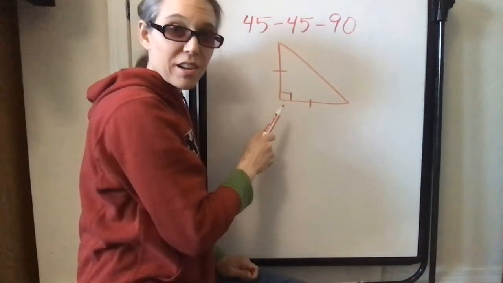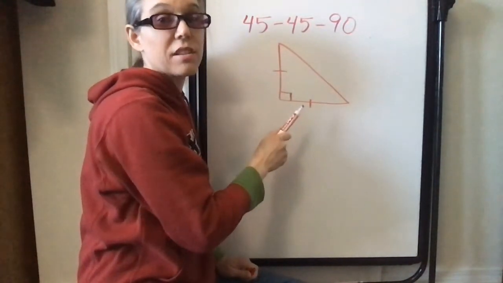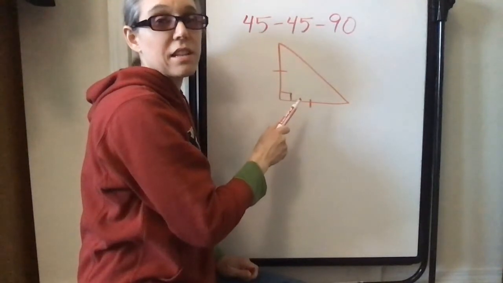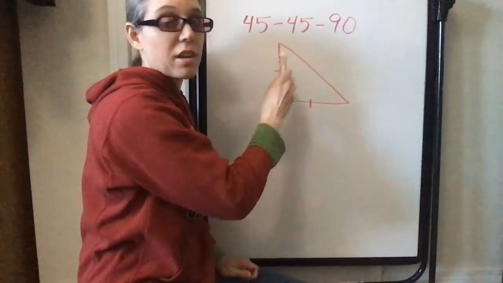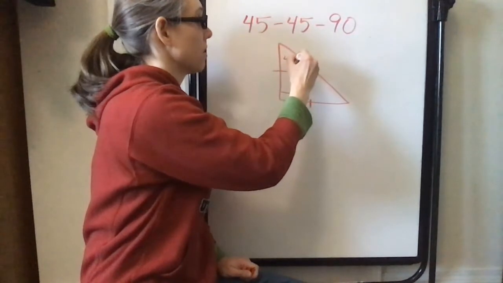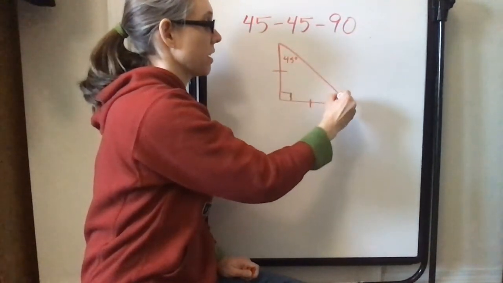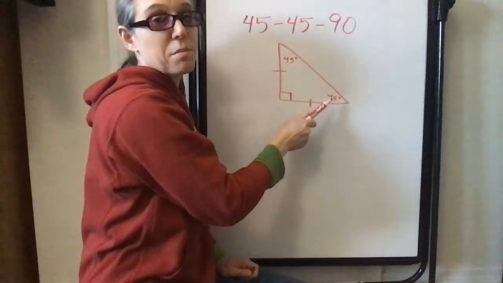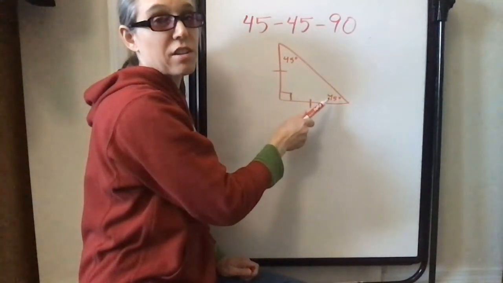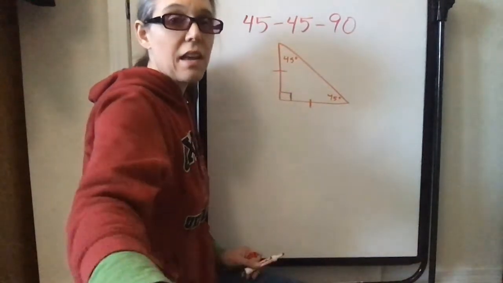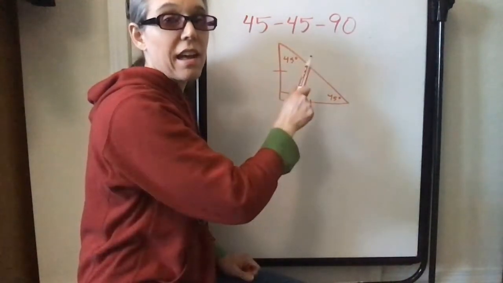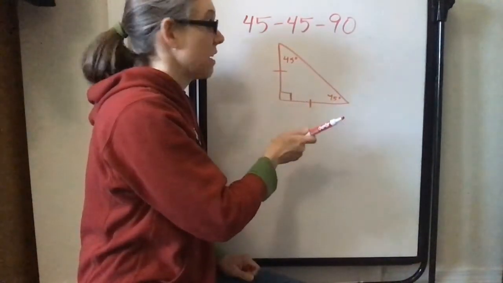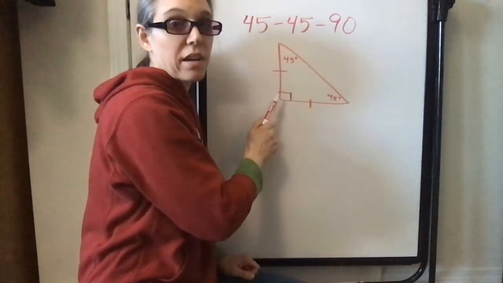A right triangle with congruent legs is very special because it is a 45-45-90 triangle. So what you have are two angles here that are identical. The reason these two are identical is because the base angles of an isosceles triangle are congruent. And they both together add up to 90 degrees, and that equals this angle right here.